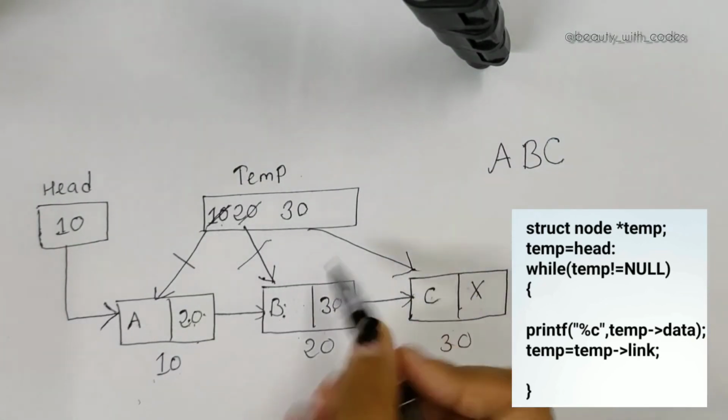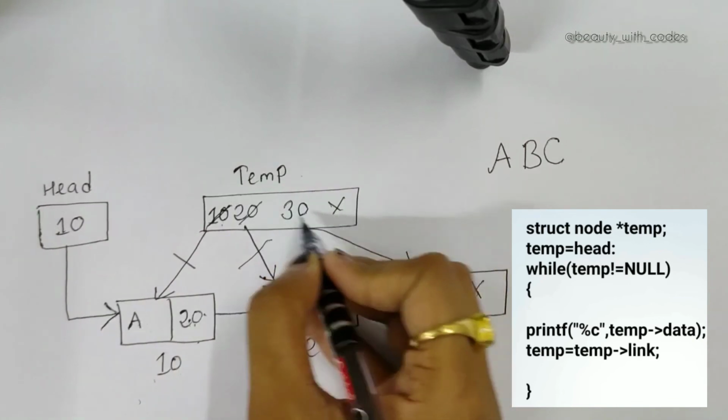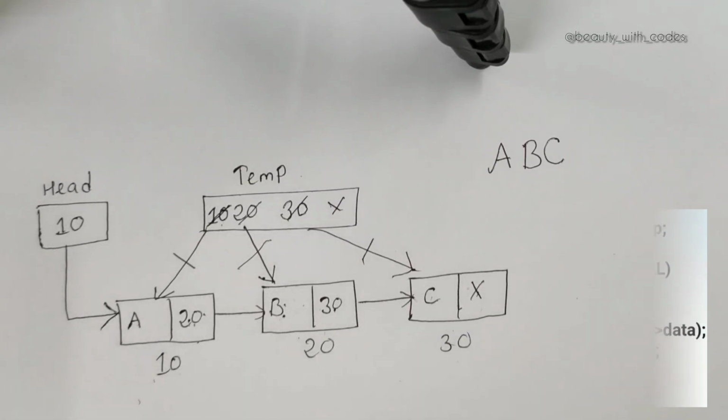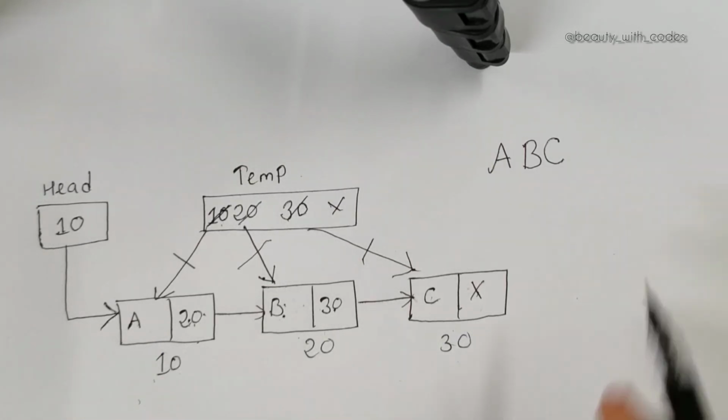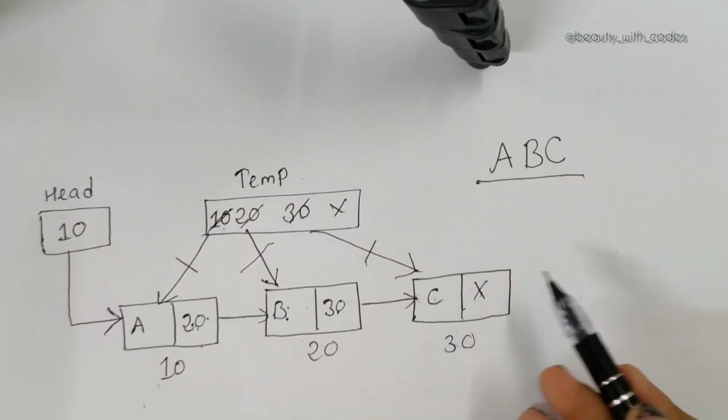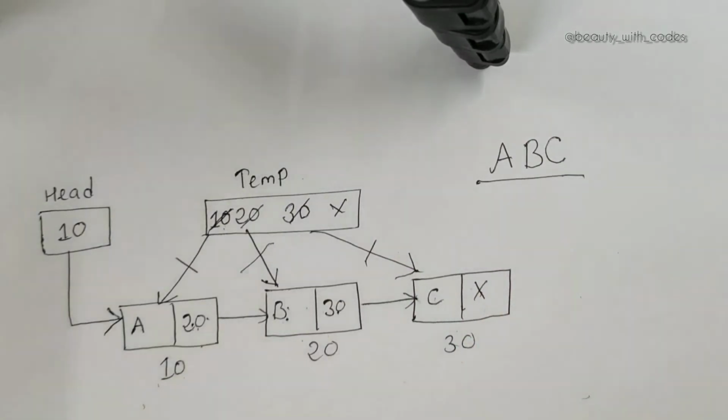What is temp of link? This is null. So now the value of temp becomes null, meaning no more iteration will be there, and we have traversed through all the elements of our linked list. What is our output? ABC. Three nodes were there, so ABC needed to be printed, and we printed ABC.